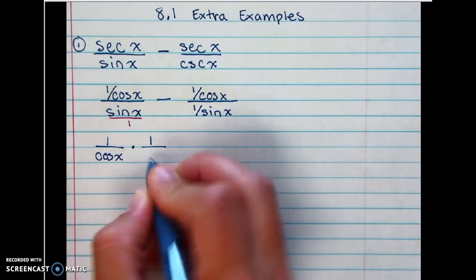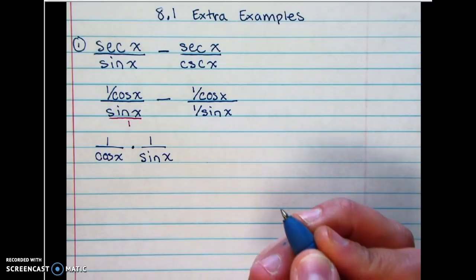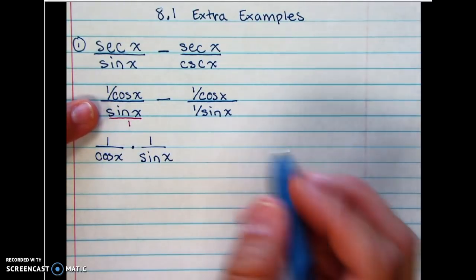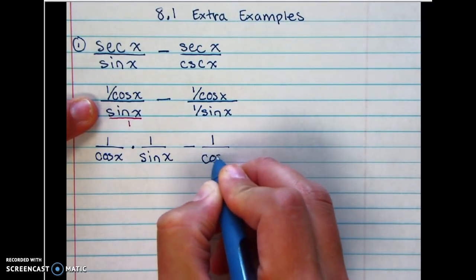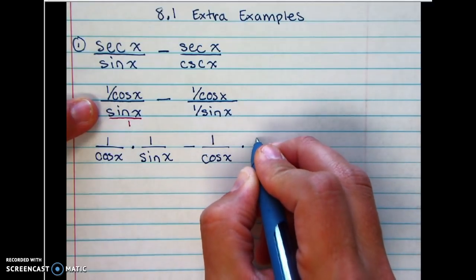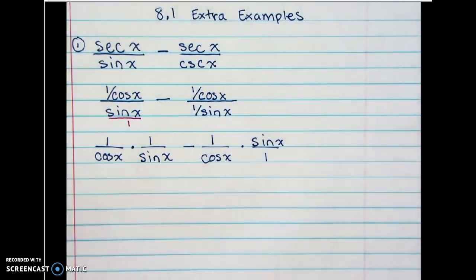That's how you divide fractions, multiply by the reciprocal. So we have 1 over cosine times the reciprocal of this, okay? Minus 1 over cosine times the reciprocal of 1 over sine, which is sine over 1. Are we getting closer? Not really.